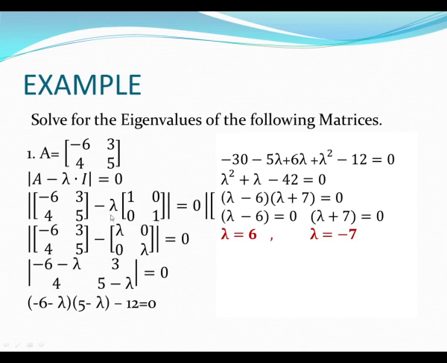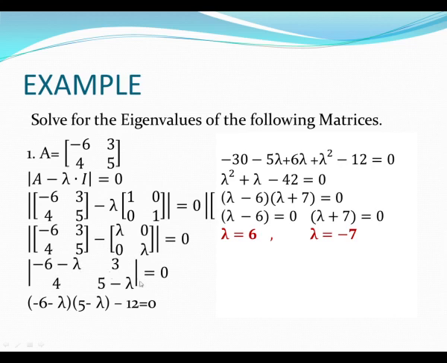So we have lambda times 1, lambda; lambda times 0, 0; lambda times 0, 0; lambda times 1, lambda. And then we can subtract the two matrices since they have the same order. So we subtract: negative 6 minus lambda; 3 minus 0, so that will be 3; 4 minus 0, so 4.